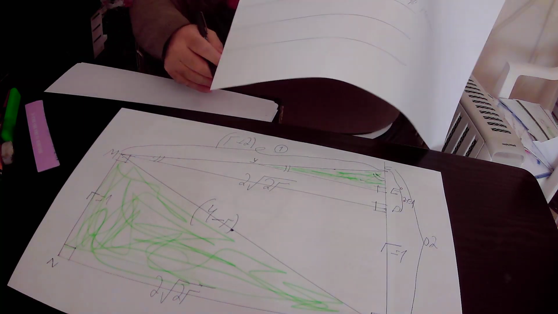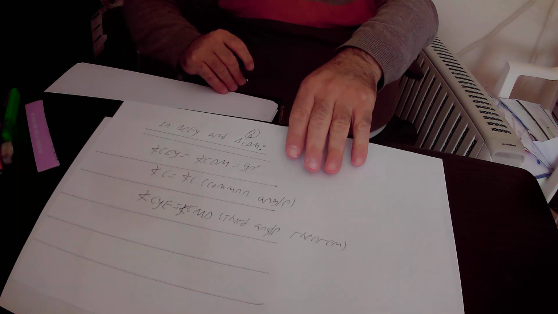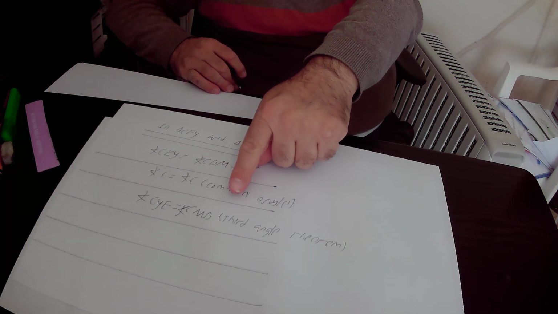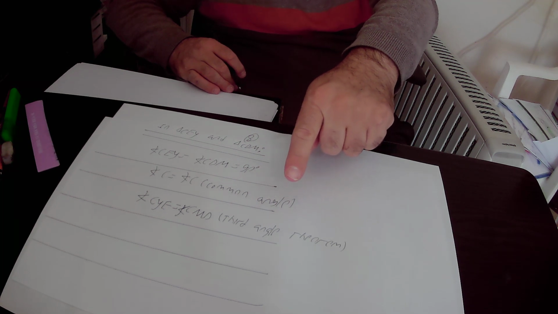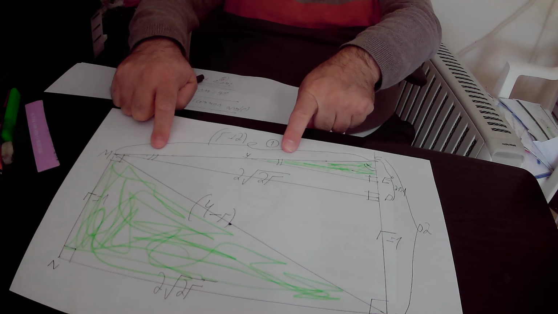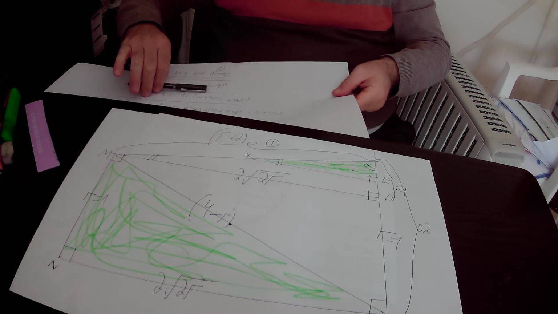Angle CYE equals to angle CMD. Those two angles are equal to each other according to third angle theorem.